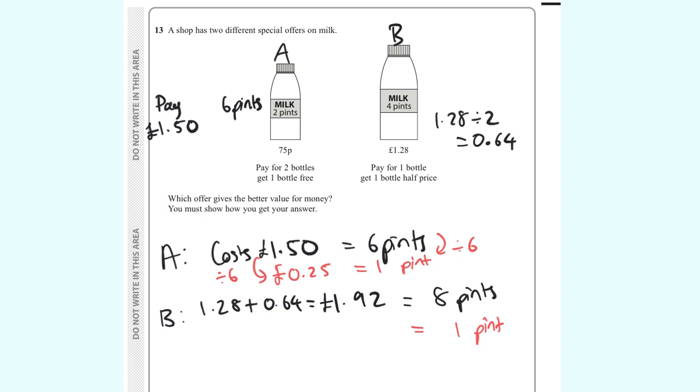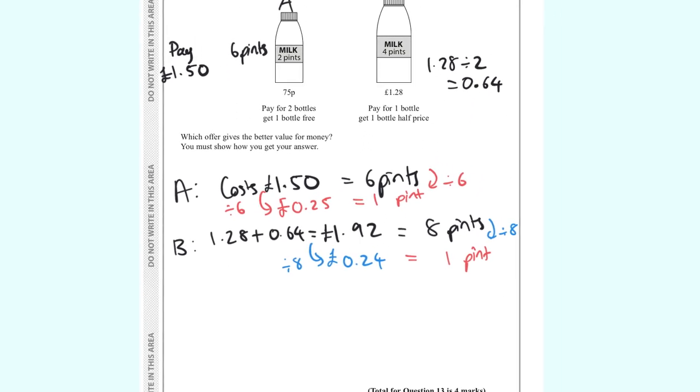And then we're doing £1.92 divided by 8. So we're dividing by 8. And we also so close, 0.24. Okay, so B is cheaper, alright, value for money by 1 pence.